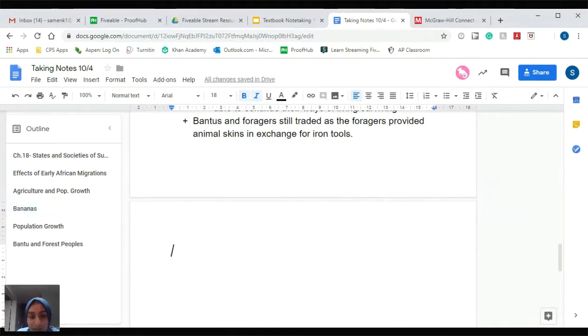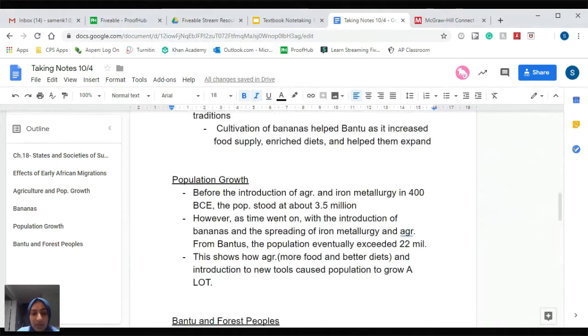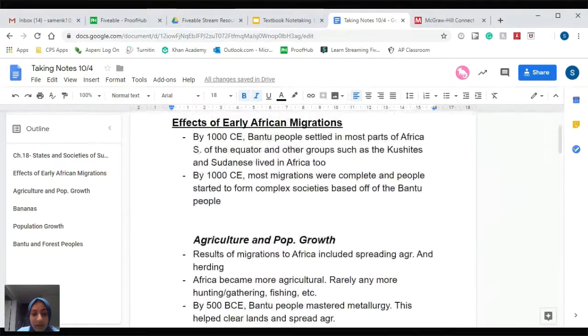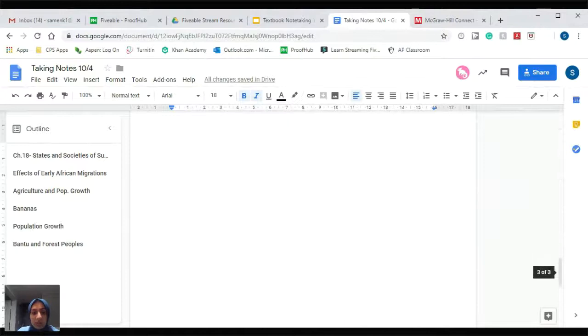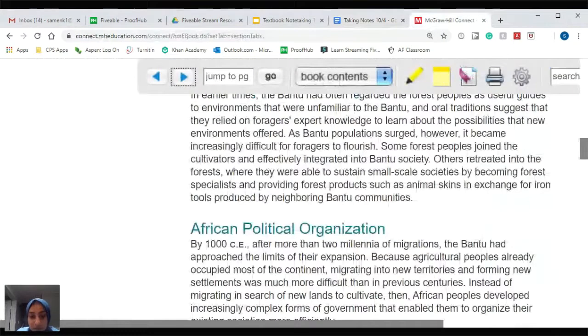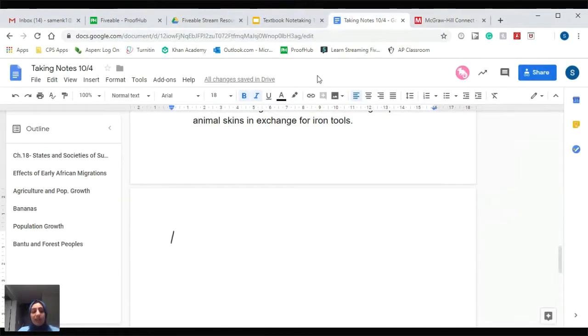This is just the way I'm going to distinguish them. So this is called African political organization. That's our big idea here.